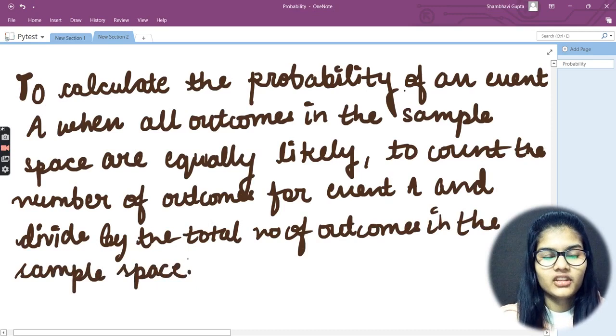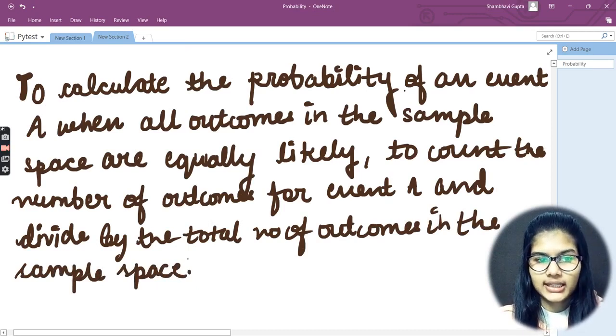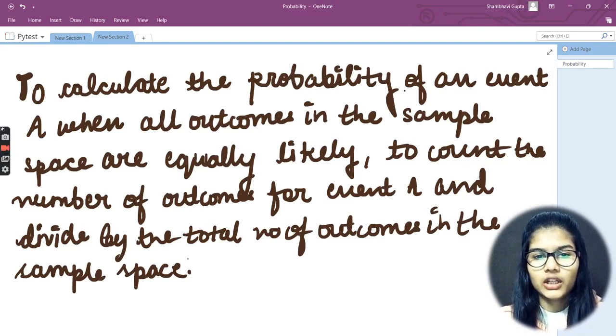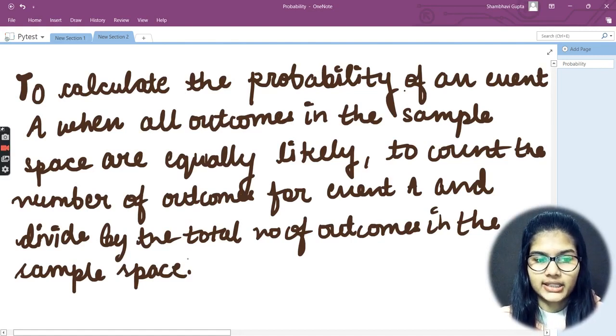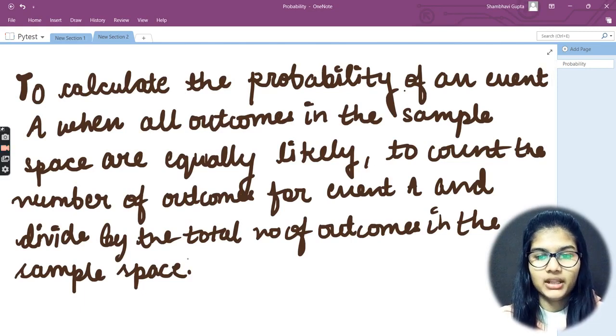Pretty fine. So to calculate the probability of an event A where all the outcomes in the sample space are equally likely, count the number of outcomes for event A and divide by the total number of outcomes in the sample space. So in that respective case, this is how you calculate the probability of an event when the outcomes in the sample space are equally likely.